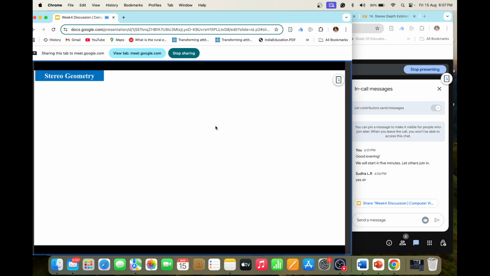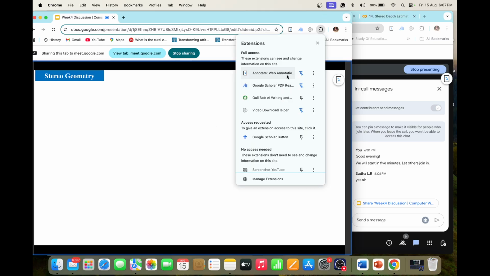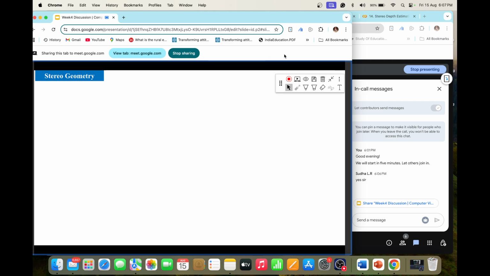So in the previous class, what we have discussed is the projective camera matrix, or projection matrix.